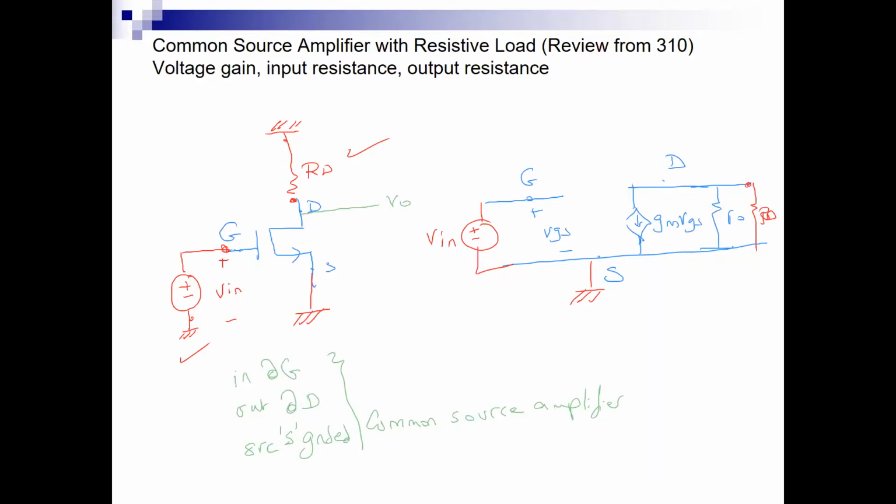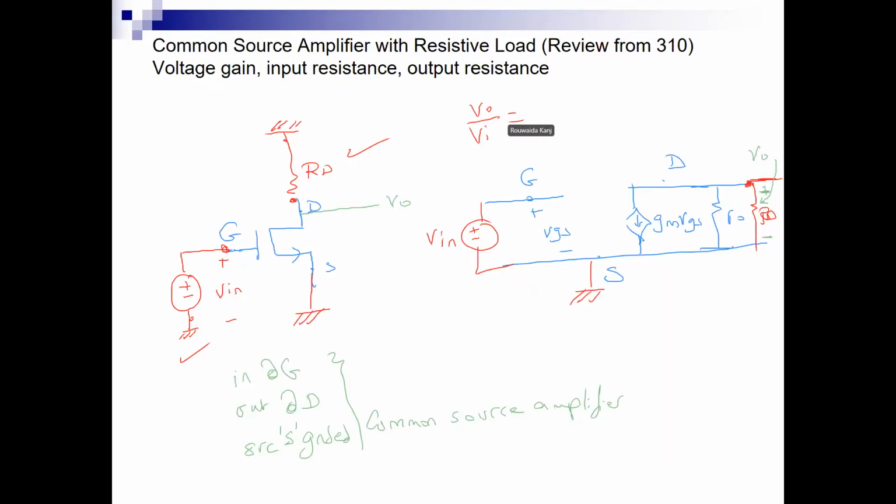Now, for gain purposes, the output VO is at the drain node, so the output voltage is between D and the ground. So what would be the gain for this circuit? How do we calculate VO over Vn? Minus GM parallel RD.